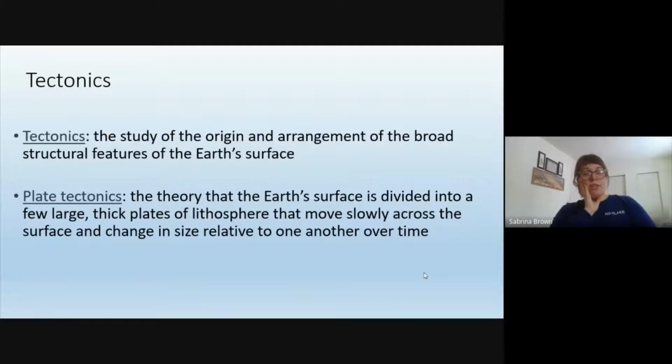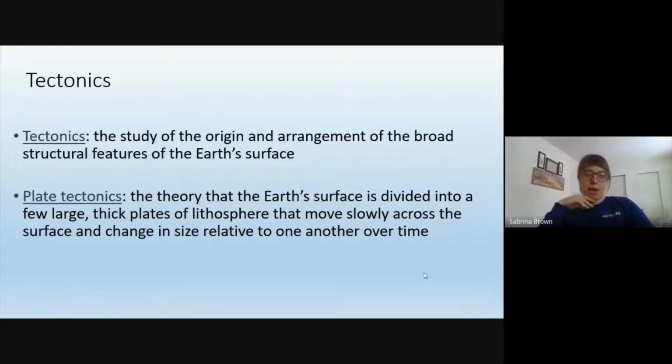So plate tectonics is related to the study of the arrangement and origin of the structural features on Earth's surface. And it's this specific explanation, a theory, that the Earth's surface is divided into a few large, thick plates of lithosphere. Remember that lithosphere is that solid, rigid outer layer made up of the crust and the upper part of the mantle. And these thick pieces of lithosphere that are broken into a couple dozen pieces move slowly across the surface.